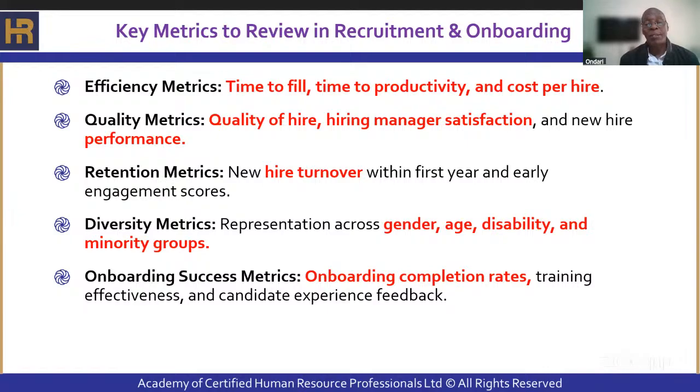There should be a balance. That when we are hiring and onboarding, we should ensure that all ages are represented so that we don't have only older people joining the organization or only very young people. There should be a balance because each age group brings to the table different experiences, different insights.